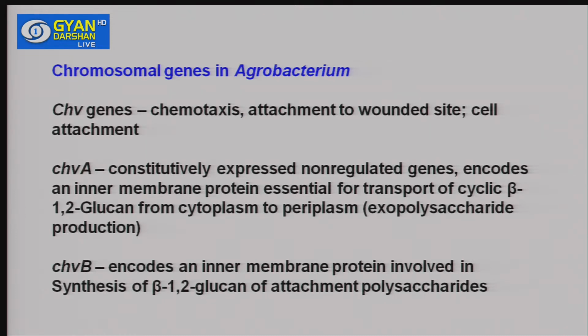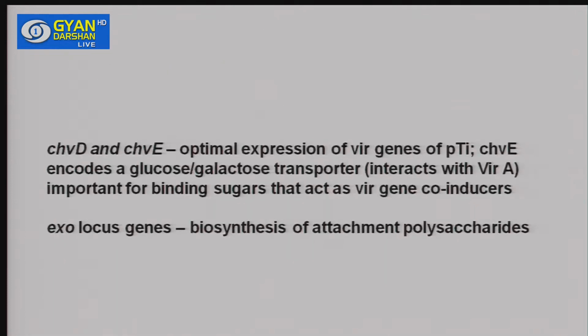As you can see, it is a constitutively expressed, non-regulated gene. It encodes an inner membrane protein essential for transport of cyclic beta-1,2 glucan from cytoplasm to periplasm. CHVB encodes an inner membrane protein involved in synthesis of beta-1,2 glucan of attachment polysaccharides. CHVD and CHVE help in the optimal expression of Vir genes.